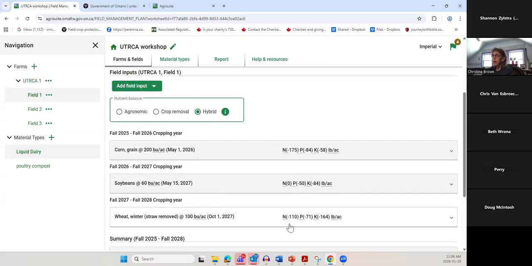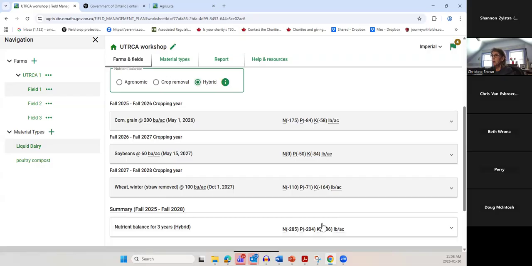That gives me an idea of what I'm removing. If I have low fertility levels, I really want to make sure I'm adding enough nutrients to cover what's being removed.